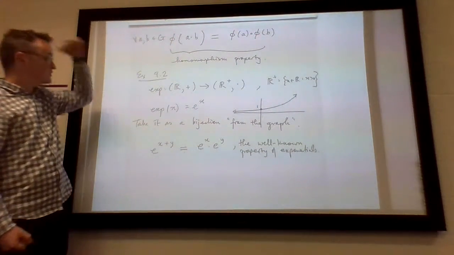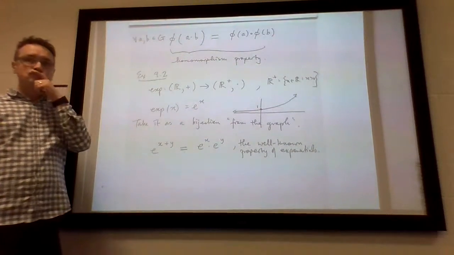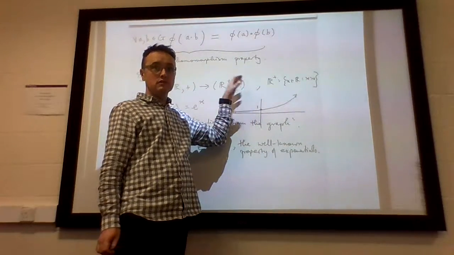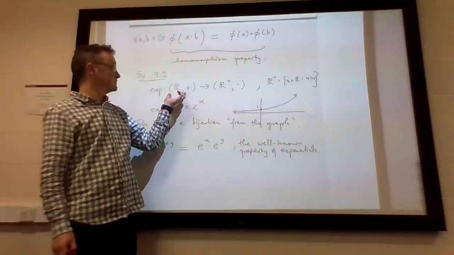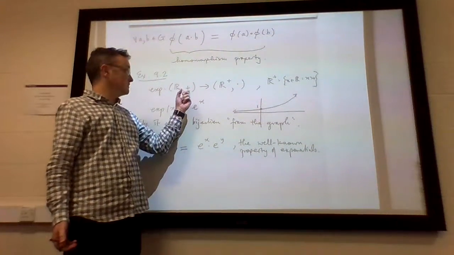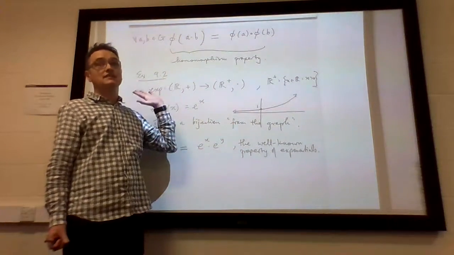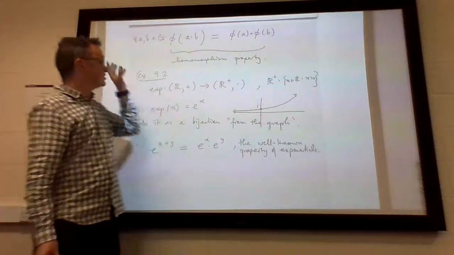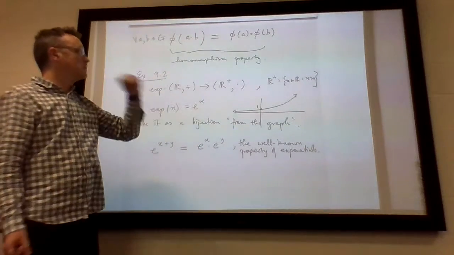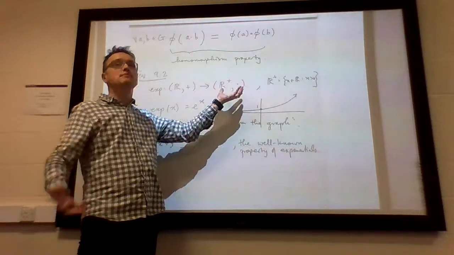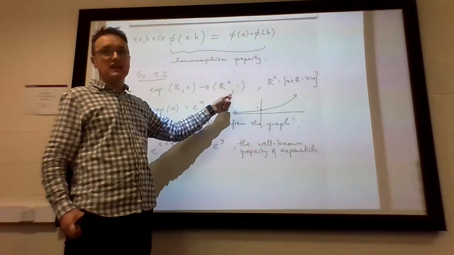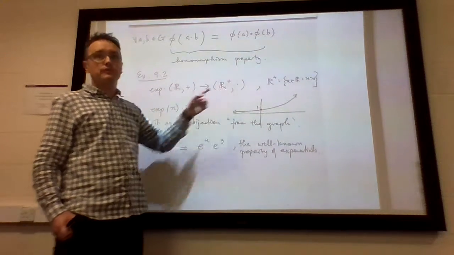So this group, the real numbers under addition, although it's completely different to the positive real numbers under multiplication, they're different sets, and very different operations. Addition of numbers is not the same as multiplication. But the group structure in addition of real numbers can be thought of as being the same as the group structure with the multiplication of positive real numbers.